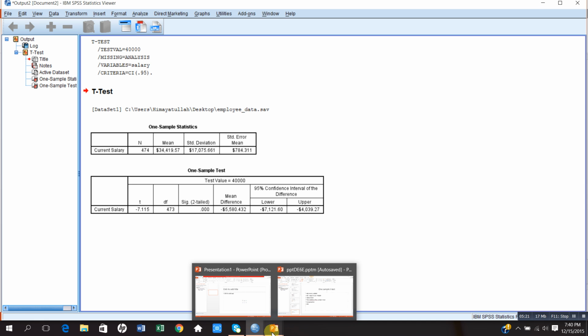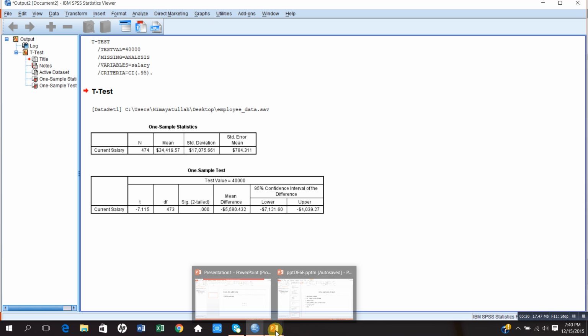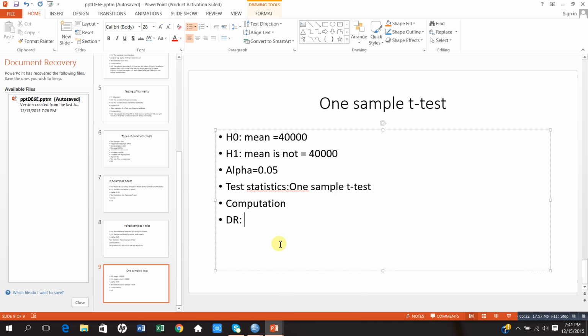There is difference of about 6,000 between the observed mean and the hypothetical mean. So this is how we do one sample t-test. This is also called univariate analysis.